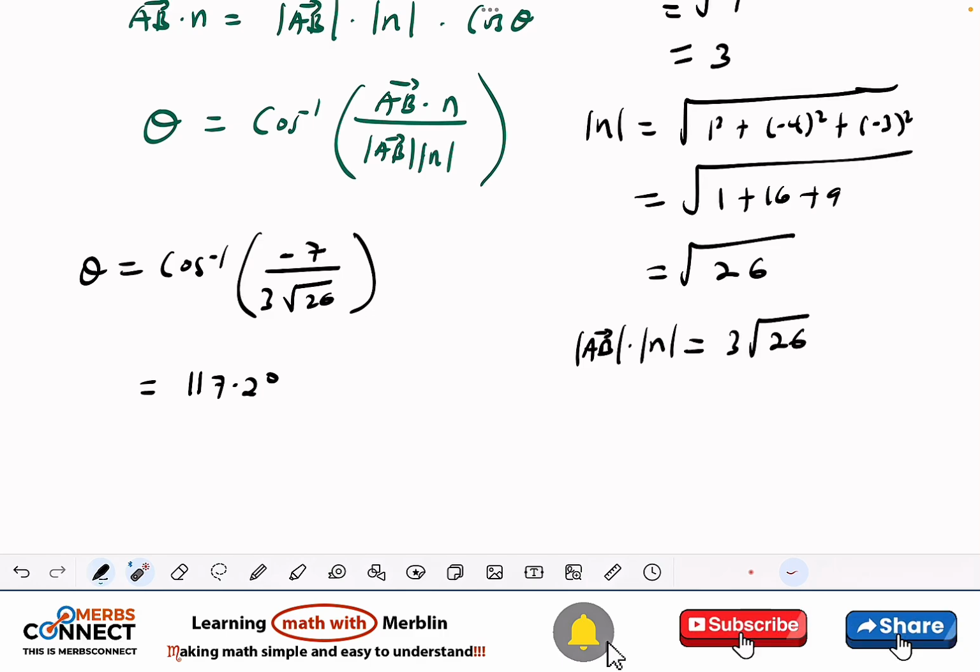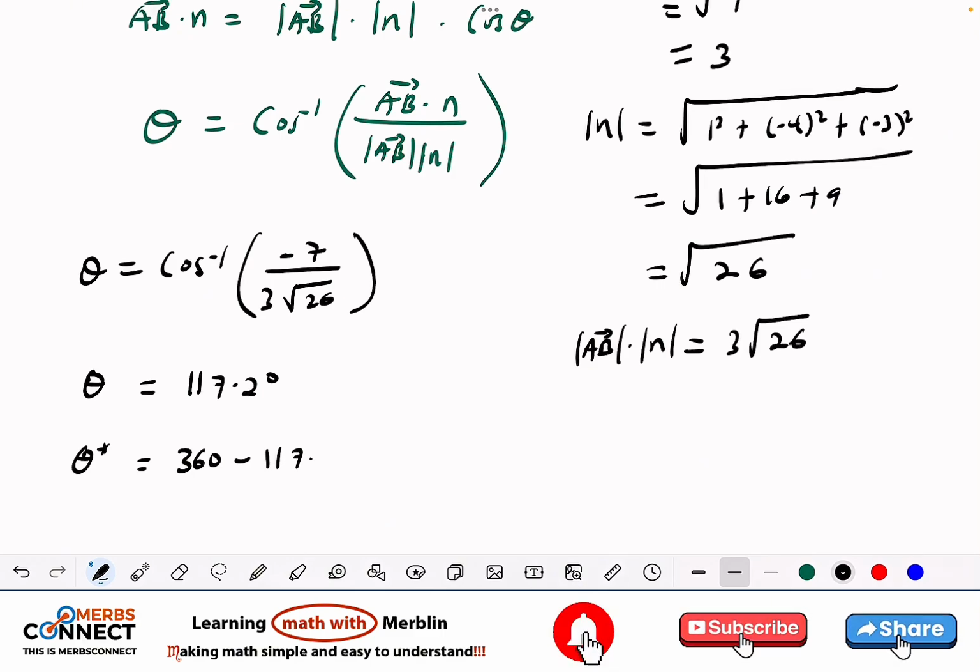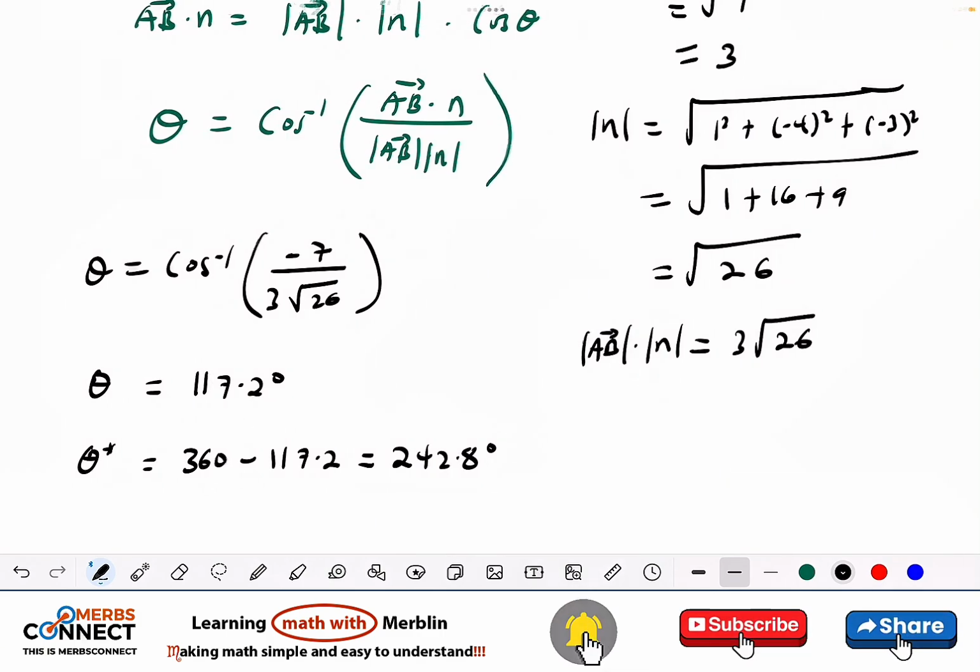So what we are going to do is, remember, we need to have two solutions. So this is, let me make this one theta, and let me make this one theta star. Now theta star is going to be 360 minus theta, which is 117.2, and this one should be 242.8 degrees.